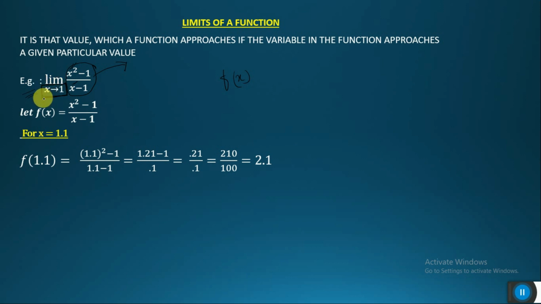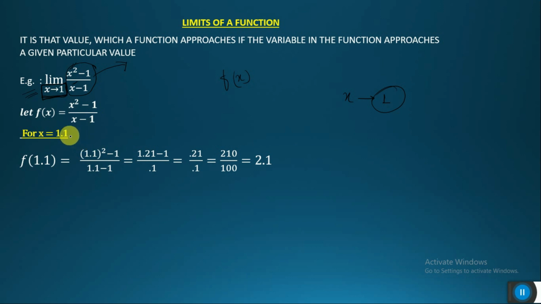So what is our given particular value? That is x going towards 1. A simple idea to understand is x equals 1. So what will be our function if our x equals 1? Clear? So now let's not do it like that. Let's see without the limit.